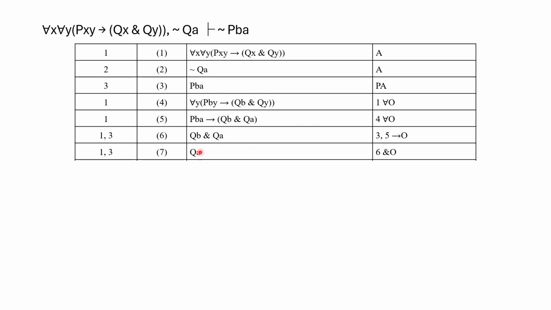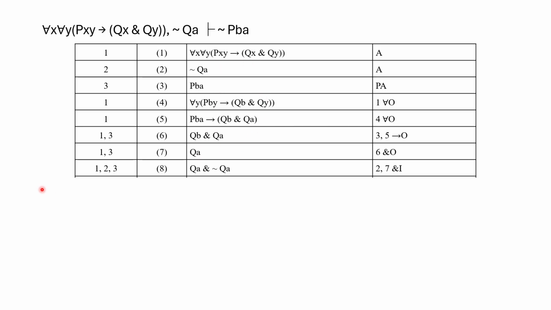I just need to piece them together with my ampersand in rule. I've got a contradiction. It depends upon my PA in 3, so I can just add a tilde to my PA to build tilde PBA with my tilde in rule. And then the key thing is to remove the assumption number here in the far left.